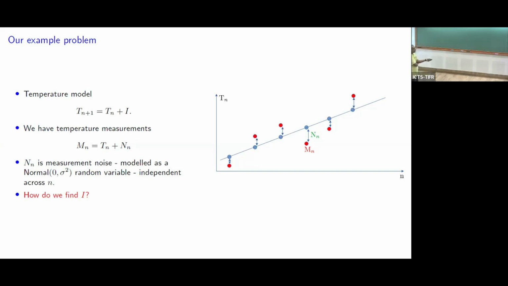In our last session, we talked about how to think about Nn. Nn is something that we can think about as noise. I mean, it's measurement noise, which is modeled as a random variable.